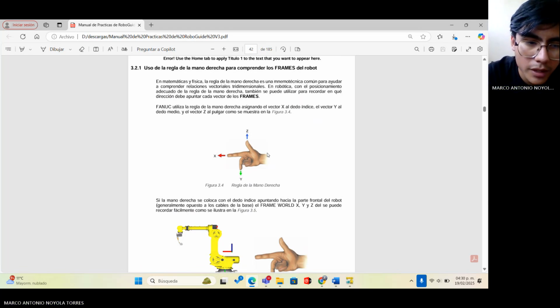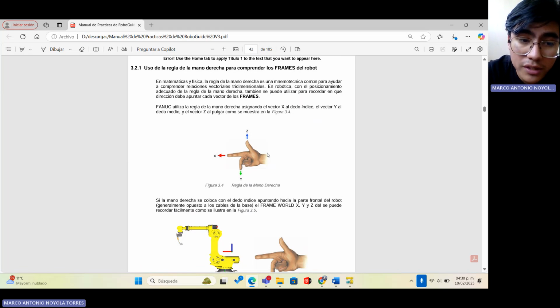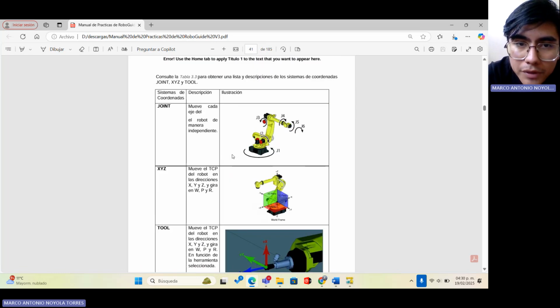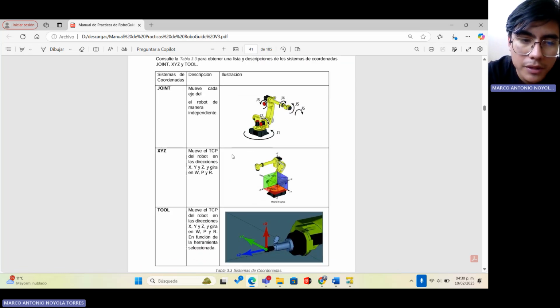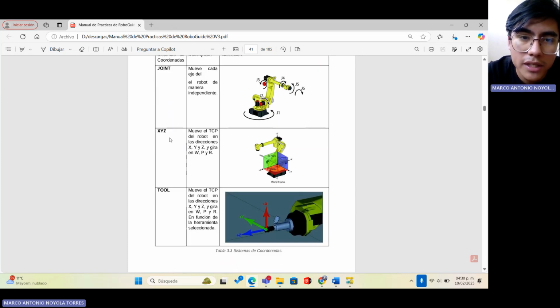We must also know what the coordinate systems are and which ones we are going to use in the practice. The first is the joint system. It moves each axis of the robot independently. Then the X, Y, and Z system includes the world and user systems.